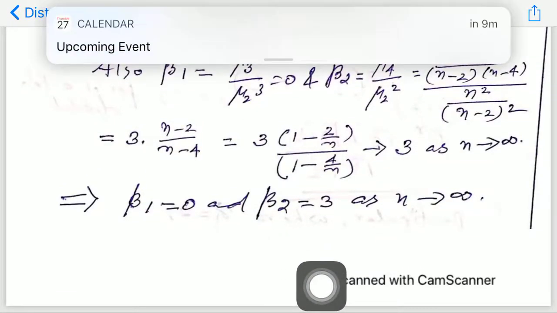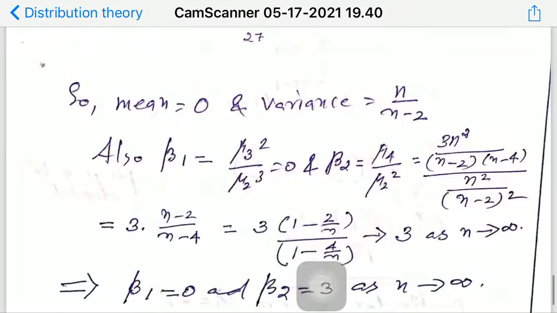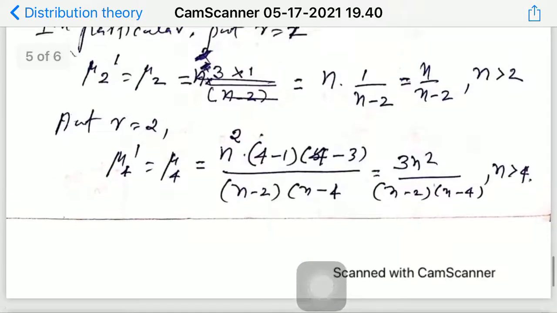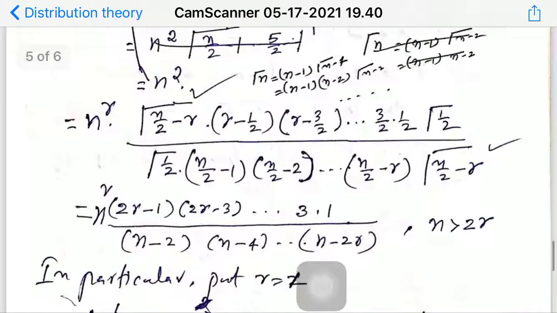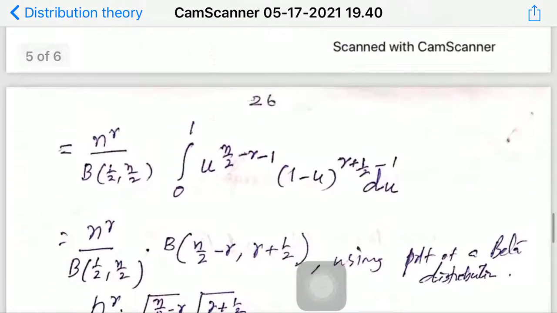Now these are the things regarding the t distribution, and you recall we have discussed the mean and variance of the t distribution, and the variance exists only when the degrees of freedom is more than 2. Okay, and you have found how the t distribution is derived, and how the moments are determined.